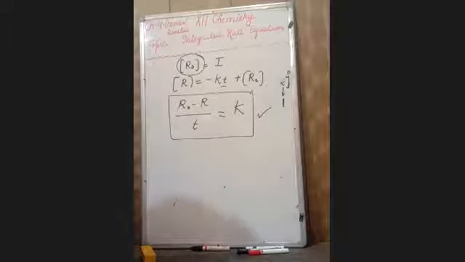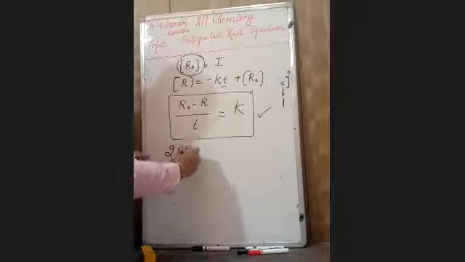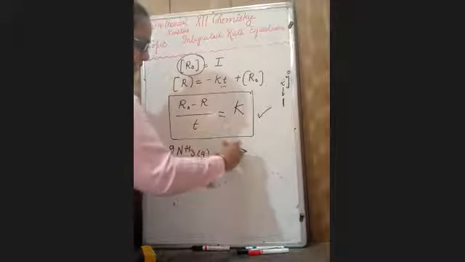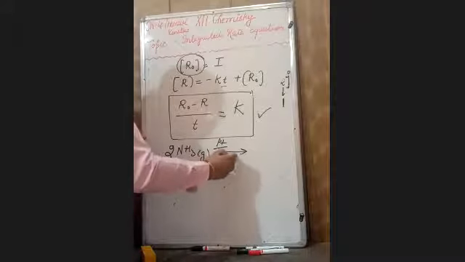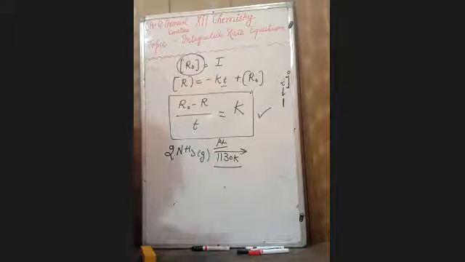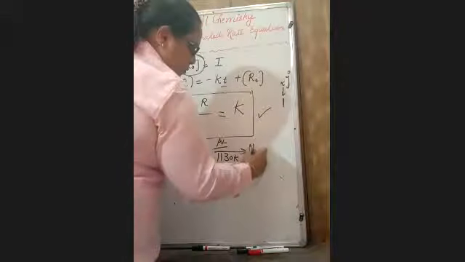Dear students, zero order reactions are generally very uncommon, but they occur under special conditions like some enzyme catalyzed reactions, and generally the reactions which involve metal surfaces. For example, the decomposition of ammonia. In this, platinum acts as catalyst. It occurs at high pressure and high temperature. Here, the rate of reaction does not depend on the concentration of ammonia. What is going on in this process?